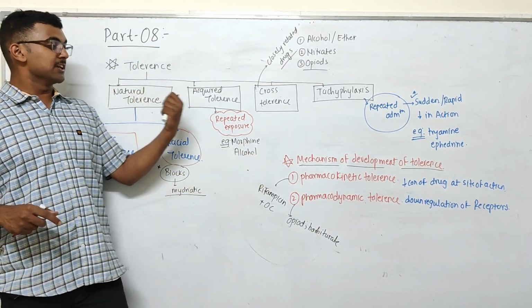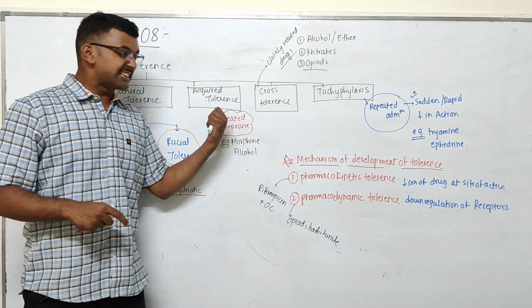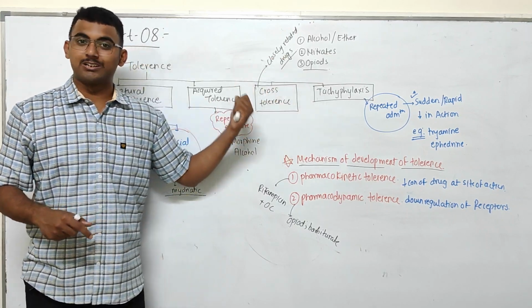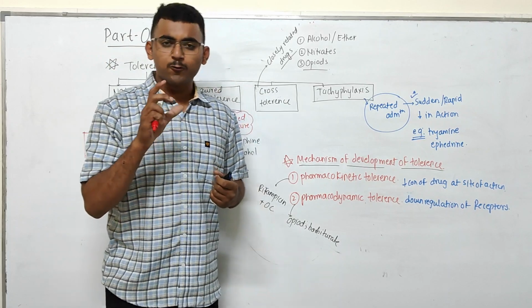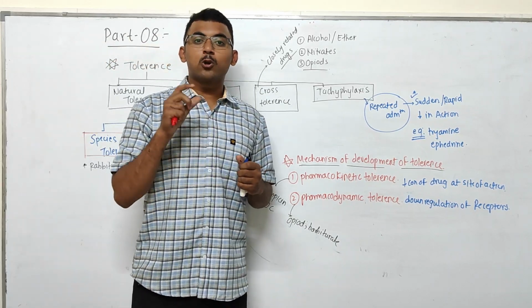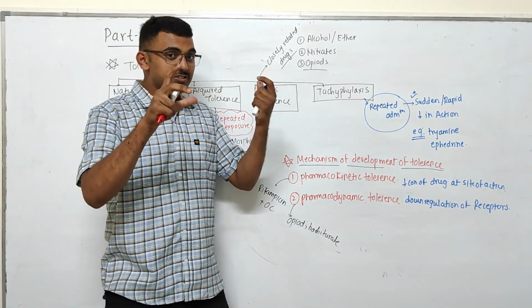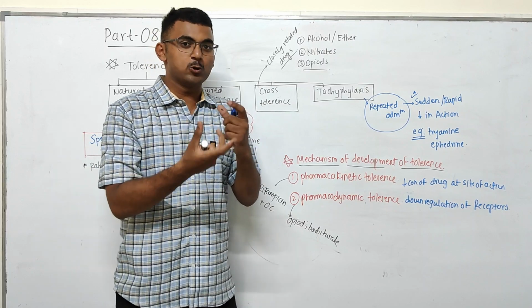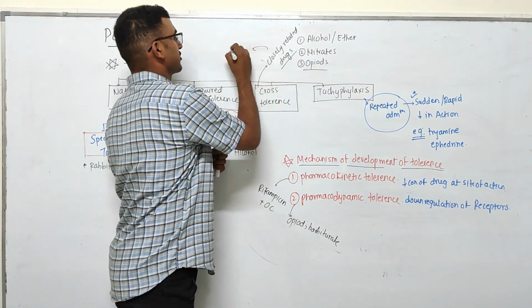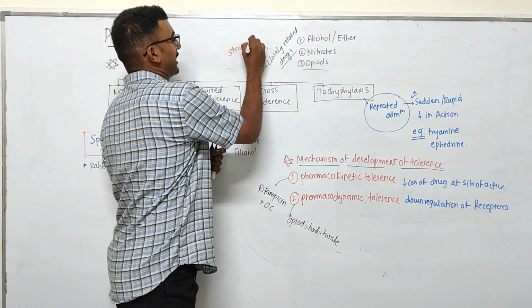Very simple: that is natural tolerance and acquired tolerance. Now the next one is cross tolerance. Cross tolerance means drugs which are closely related in their structure or their mechanism of action.